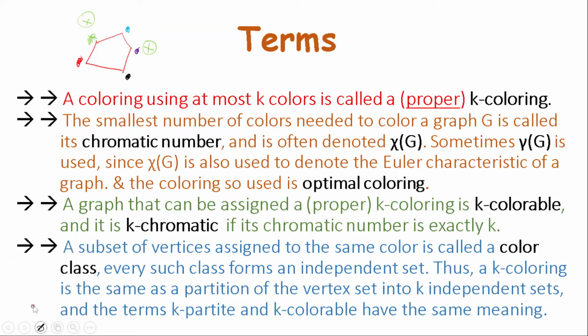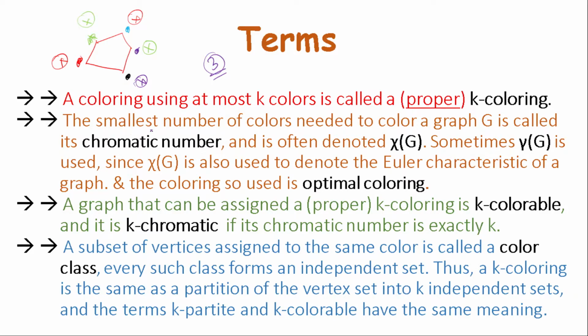That means we have to use some other color. So here red. We can't use red here, but we can use red here. And one more color. So we have to use at least 3 colors to satisfy my condition, to fulfill my restriction. And this least number is called the chromatic number. So the chromatic number of this graph is 3.